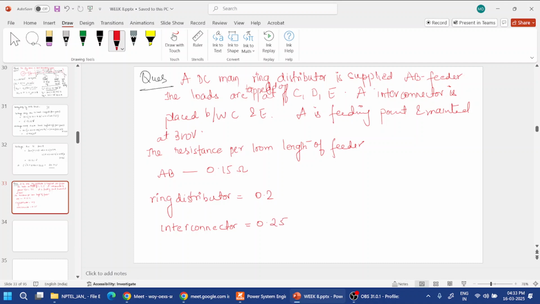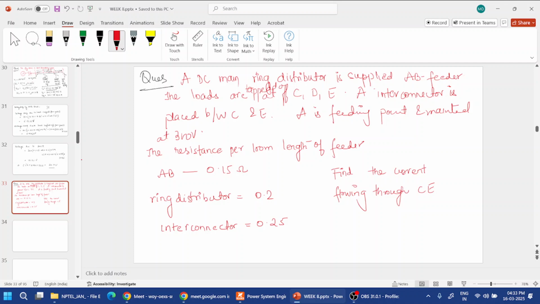Find the current flowing through the interconnector CE.